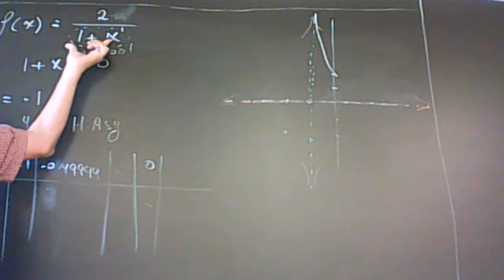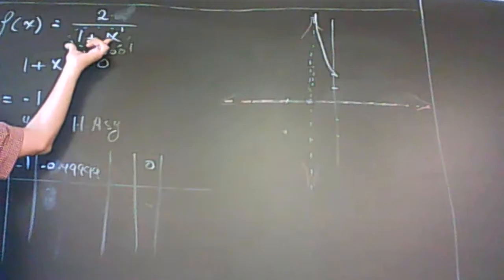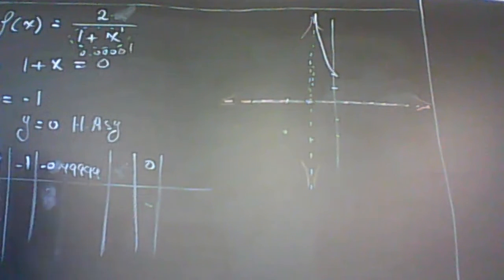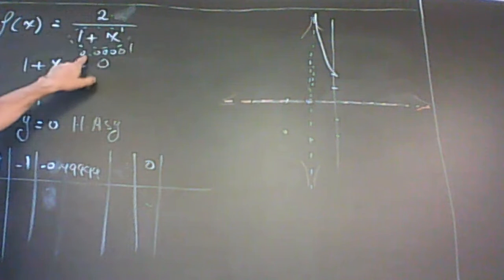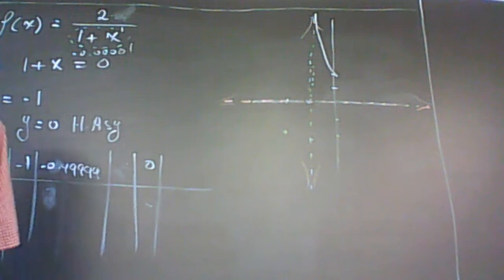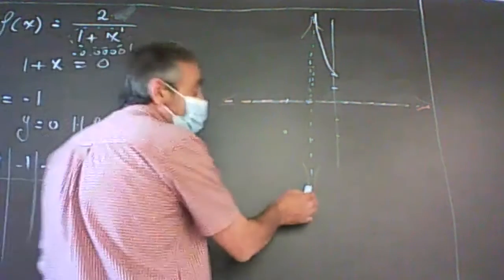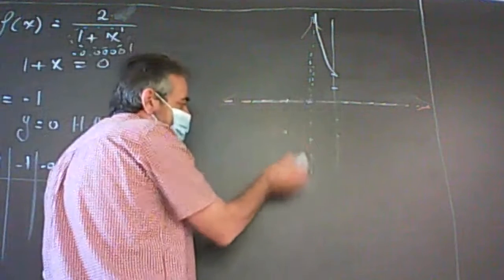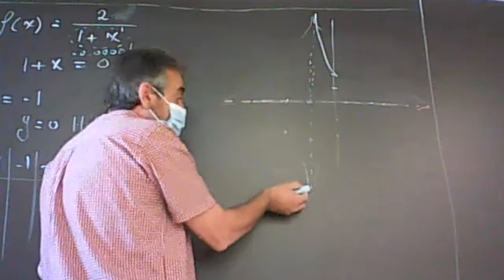So what do I get here? I'm going to get a negative number. It's a very tiny number, but it's going to be simply negative, yes? So when I divide 2 by the same number except negative, now I'm going to get negative 200,000. So when I am on this side of the line, the graph is coming from this area, correct?